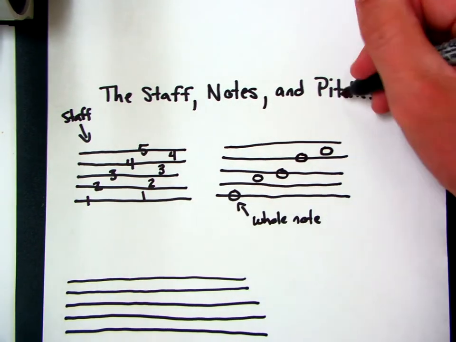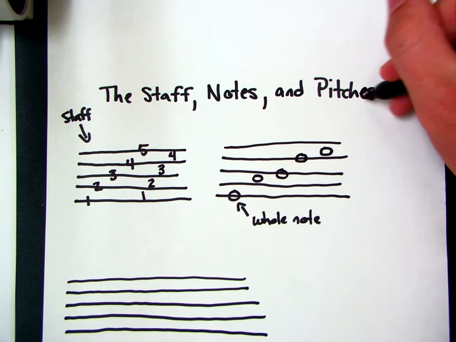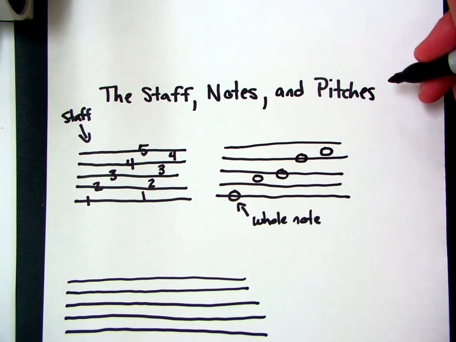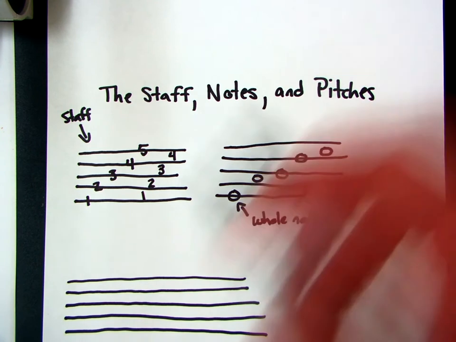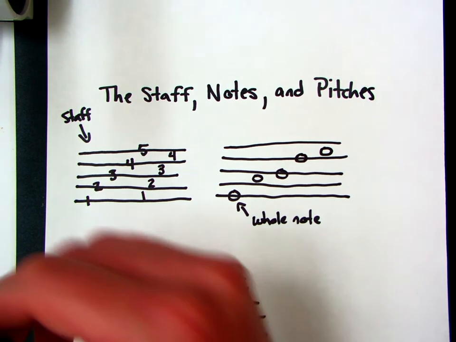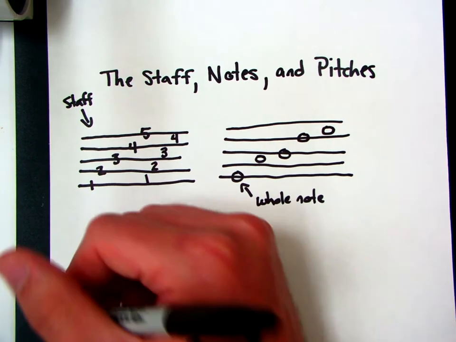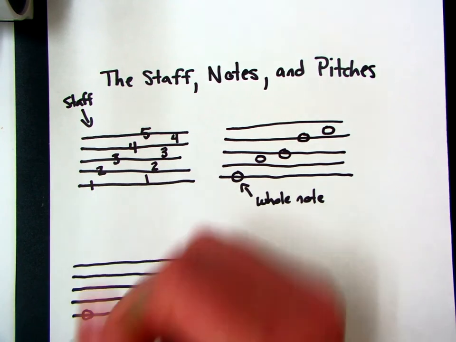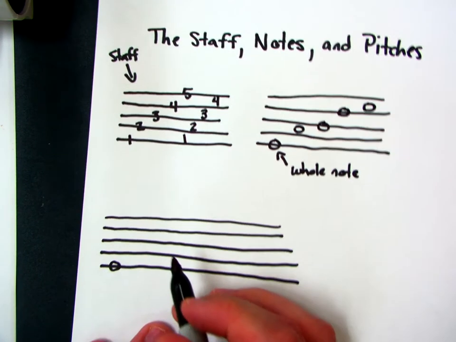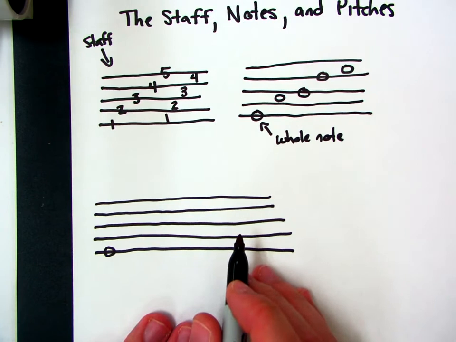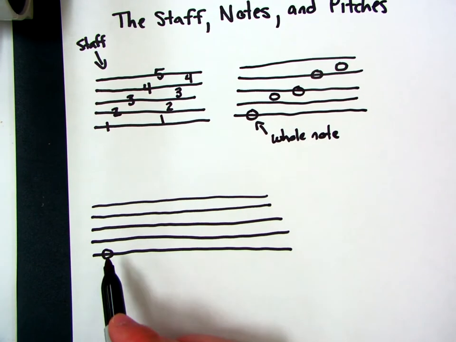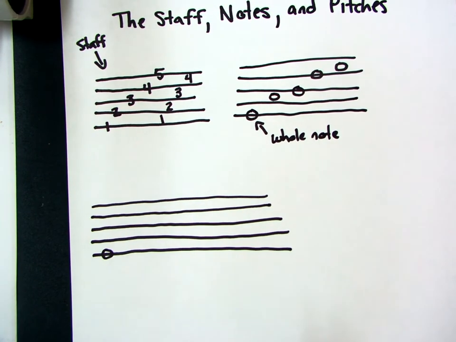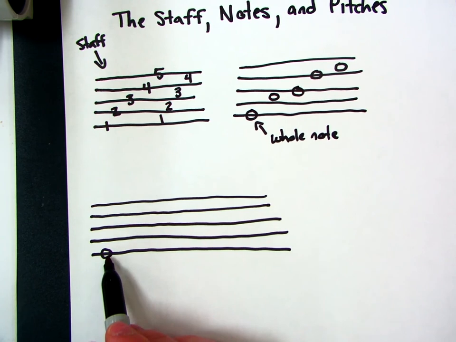And the pitch, this word right here, P-I-T-C-H, the E-S just makes it plural, so multiple pitches. The pitch is the sound that we hear. So, for example, this whole note right here on line number 1 again represents a certain pitch. And for us, although we don't know it yet, this note is an E, right, if we're talking about treble clef. So this is a pitch.